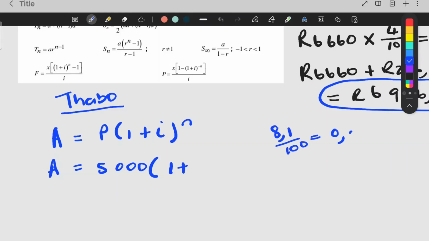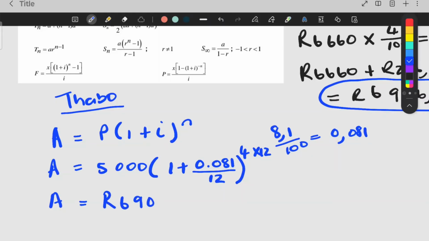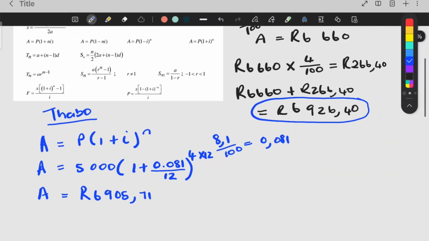That gives me 0.081, but compounded monthly, so over 12. And this is for 4 years, so times 12. All of this in the calculator, Tabo will get 6,905.71. He doesn't get a bonus, so that's his final amount in his account.